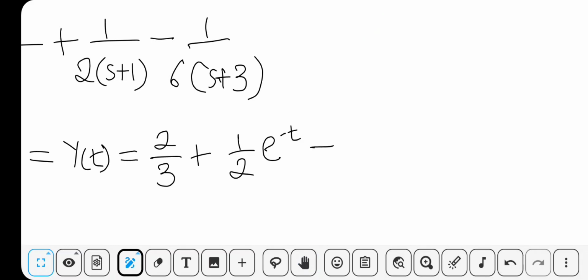And for the last, minus 1/(6(s plus 3)), the inverse Laplace is 1/6 e to the minus 3t.